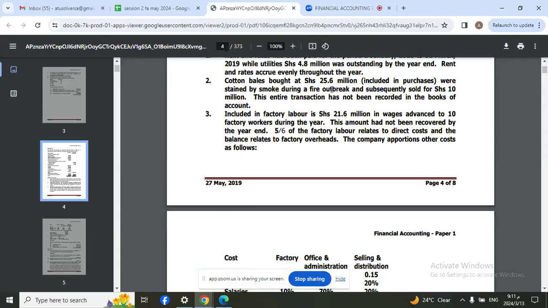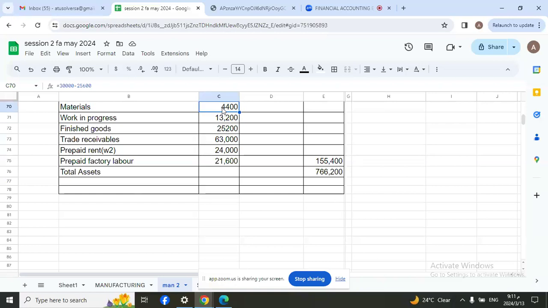Therefore, what we had done here to get the 44,000 is wrong. We are not supposed to less the 25,600 because when the year was ending, they had already considered this one under purchases, not the closing inventory. So we are not going to take that.